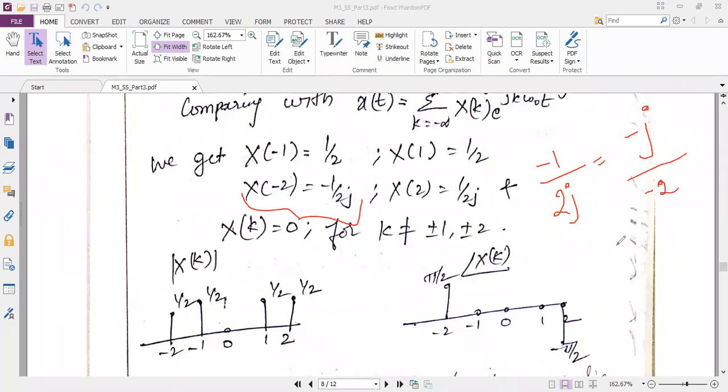So minus minus cancels, and I will be having only 1 by 2 into j, with j in the numerator. So now at minus 2, I have 0 plus 1 by 2 into j. If I apply the formula tan inverse of b by a, I will get a positive angle, 90 degree, that is pi by 2.